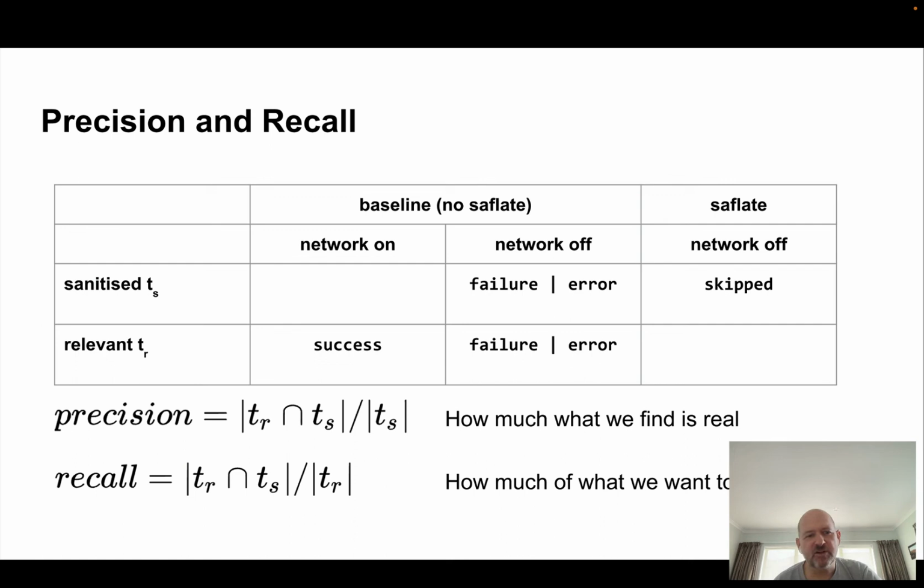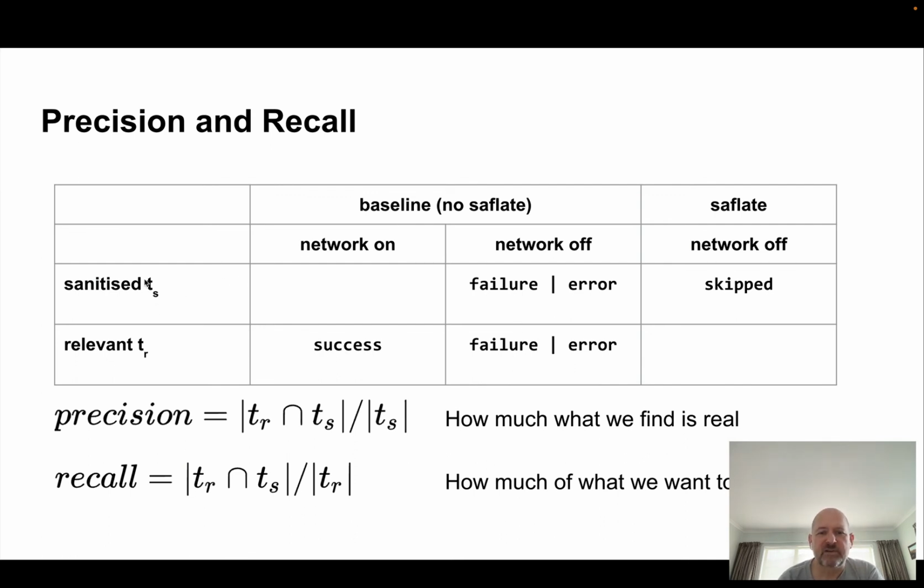Moving on to the validation of this. So we looked into a couple of projects and we measured precision and recall. So basically, our baseline is we have no sanitization, so we don't use Saflate. We use the project as we find them, and we are looking for tests that succeed when the network is on and result in failure or error if the network is off.